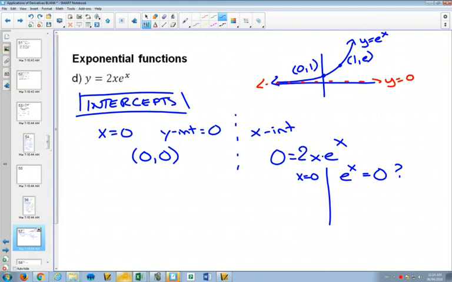So when looking at the x-intercepts here, we do get x equals 0 as one possibility. This one never equals 0. And that's going to come up over and over again in this question when we do our derivative and our second derivative again. So that's a key concept.